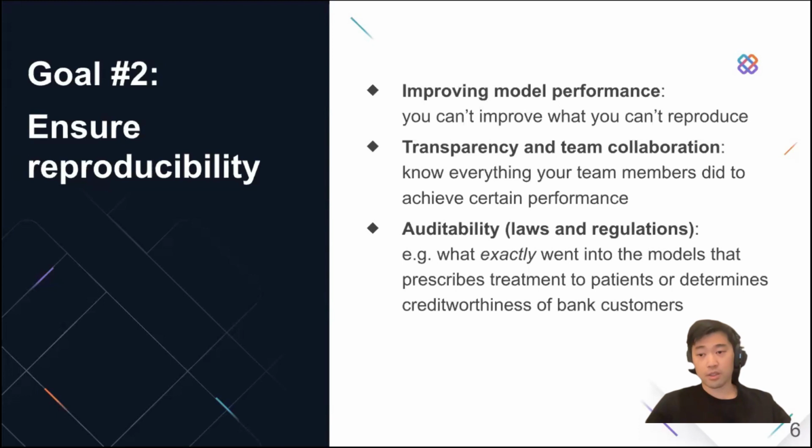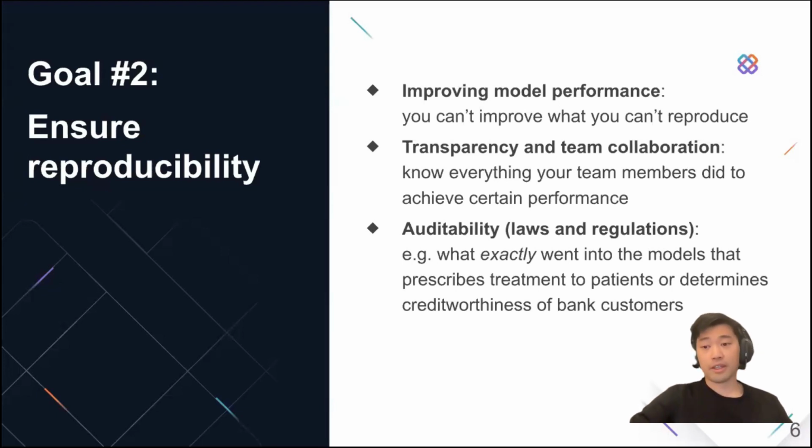It obviously depends on your jurisdiction and the industry, but typically what that means is you need to be able to explain what exactly, and the emphasis here is on the word exactly, went into the model that prescribes, for example, treatments to patients, or determines whether a particular customer can be issued a credit at a bank, right?